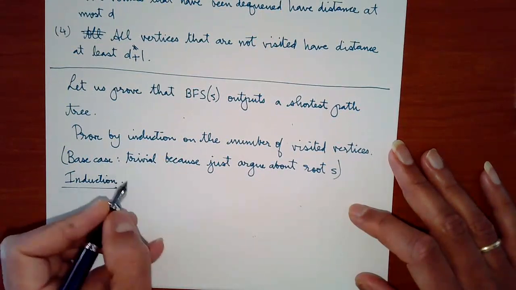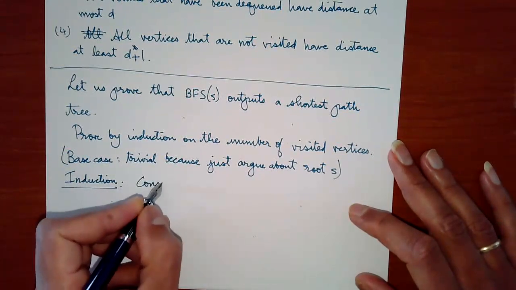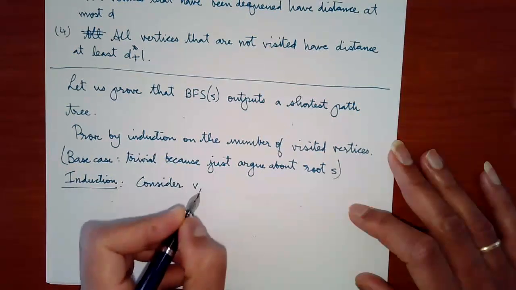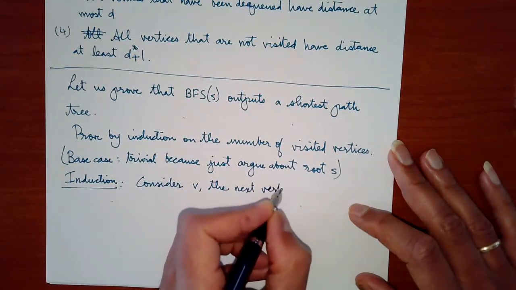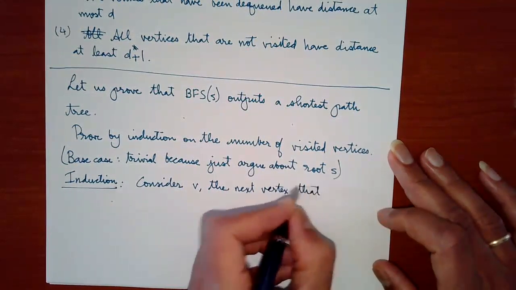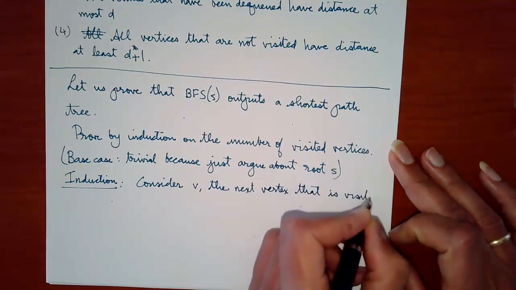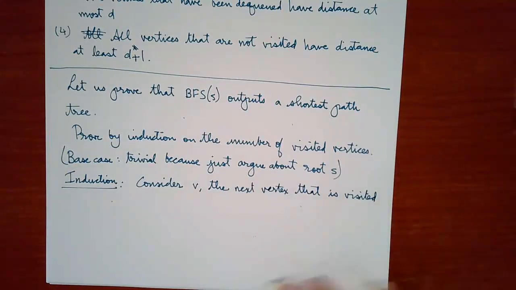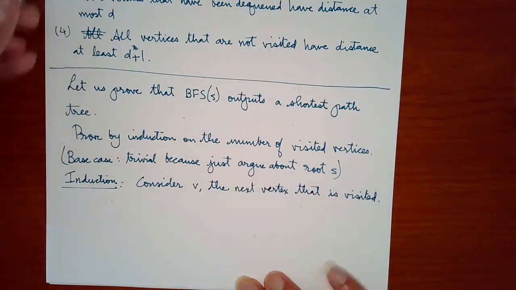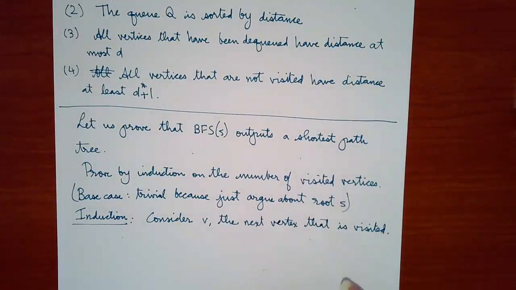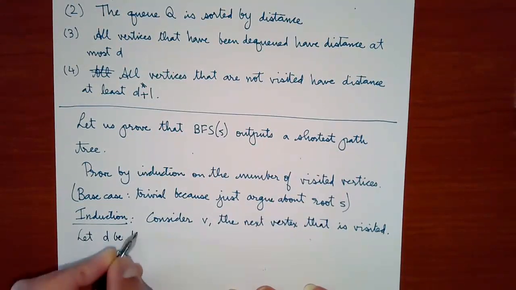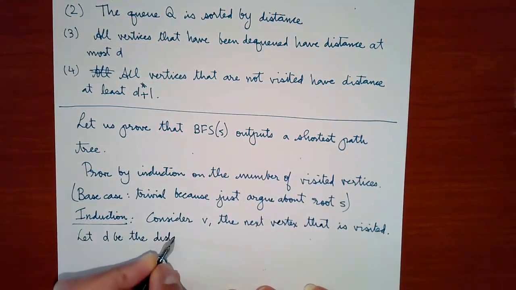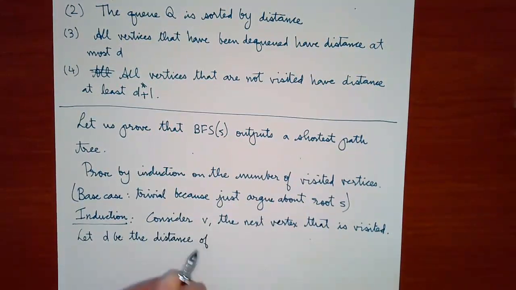So consider V, the next vertex that is visited. Now, you'll see how I'm going to use the properties of the loop invariant. Okay, so let D be the distance of the head of the queue.